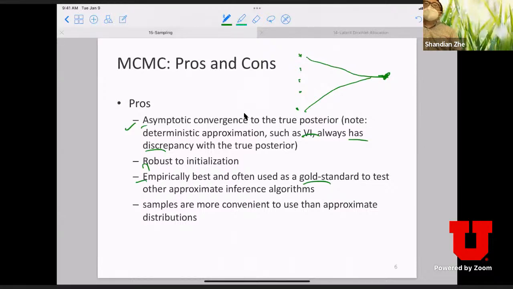It's not the reverse. If I develop a new sampling method, people won't evaluate it based on some variational inference result. That's kind of an agreement in this community. People usually use Markov chain Monte Carlo sampling as a gold standard to evaluate the quality of your posterior inference. And indeed, it's true.